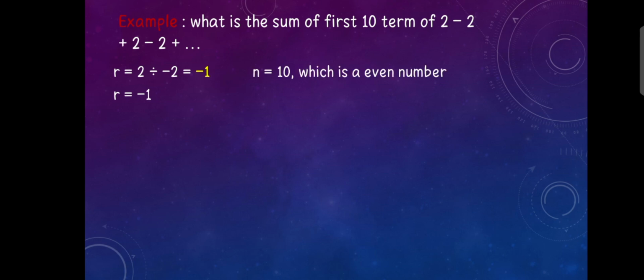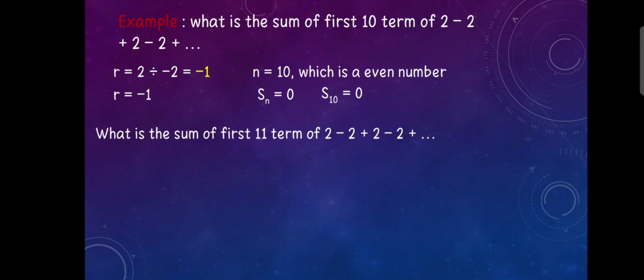N is equal to 10, which is an even number. So, S sub n is equal to 0. Atin muna i-substitute ang n. So, ang atin n is equal to 10. So, S sub 10 is equal to 0.